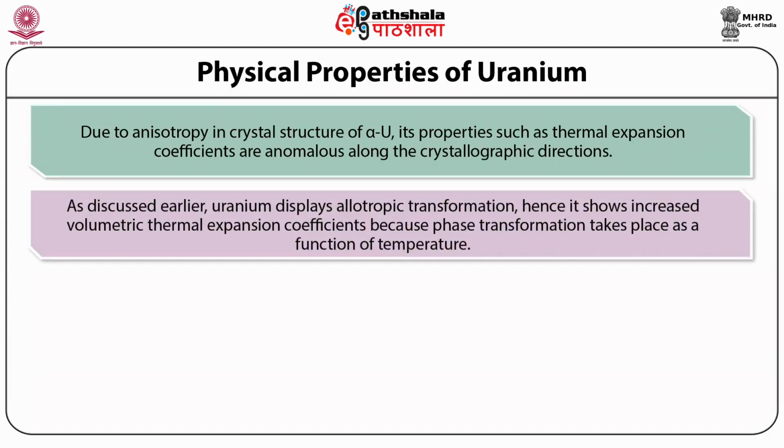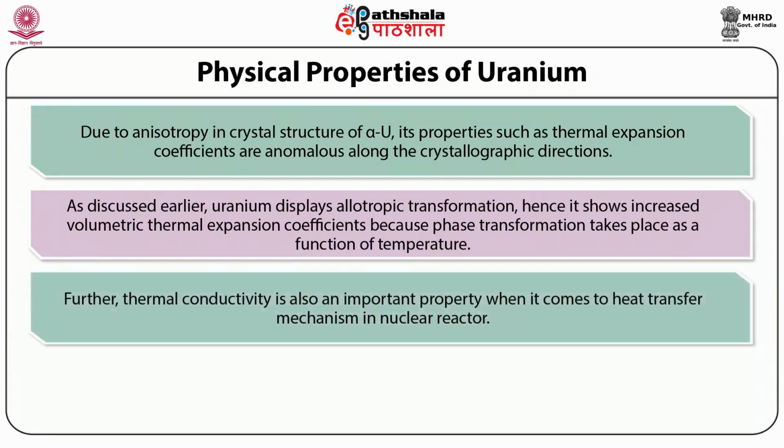As discussed earlier, uranium displays allotropic transformations. Hence, it shows increased volumetric thermal expansion coefficients because phase transformation takes place as a function of temperature. Further, thermal conductivity is also an important property when it comes to heat transfer mechanism in a nuclear reactor.